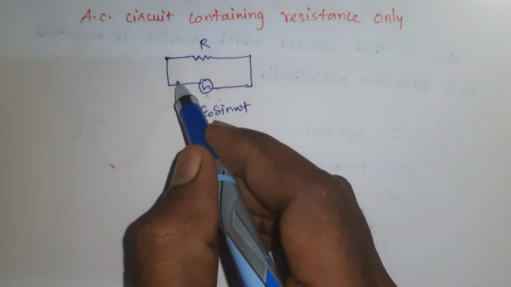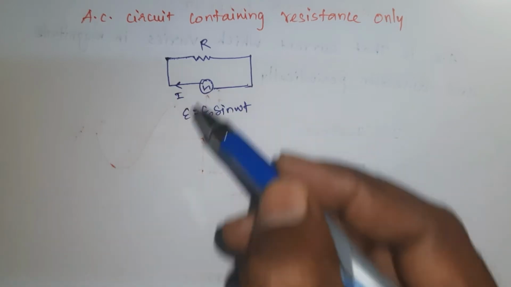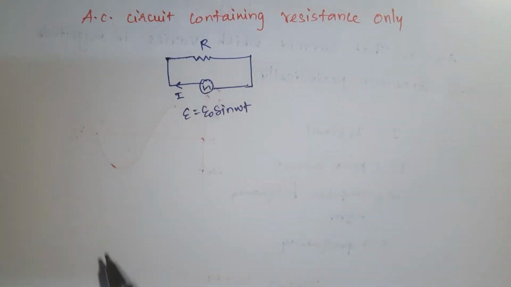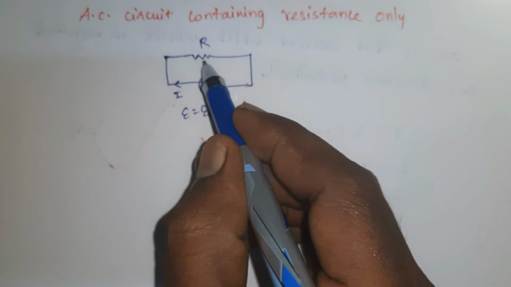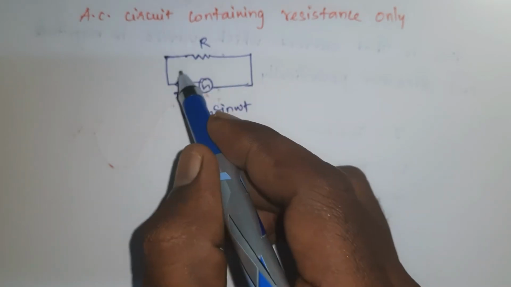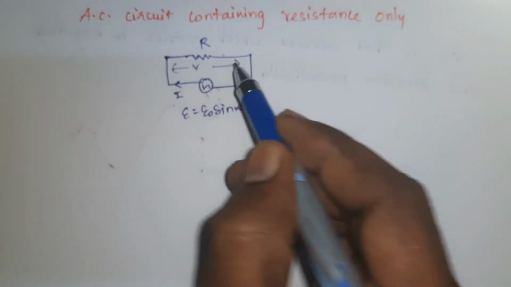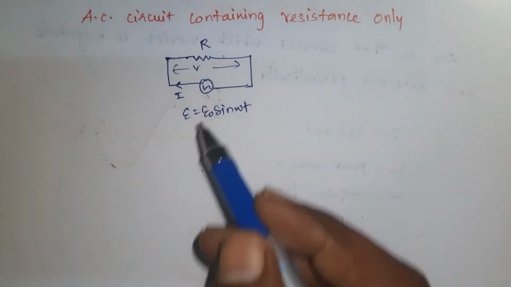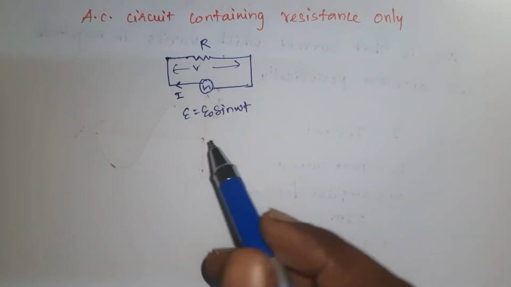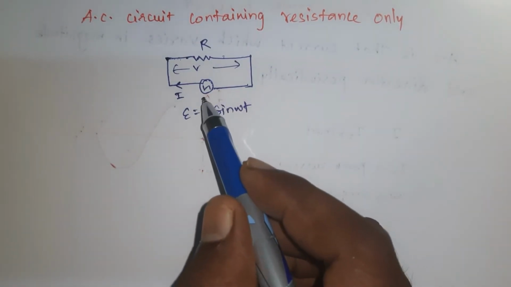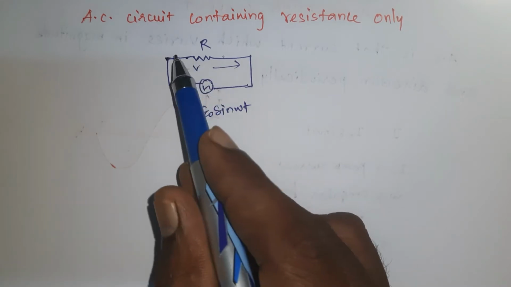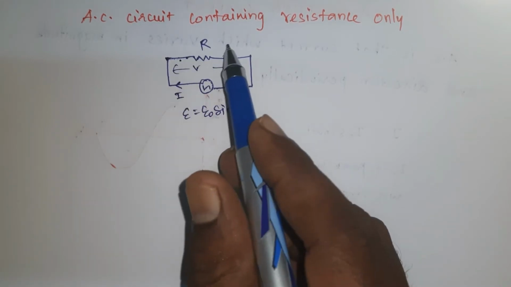Let I be the current in the circuit at any instant. The potential difference across the resistor is V. According to Kirchhoff's loop rule, the applied voltage is equal to the potential difference across the resistance.